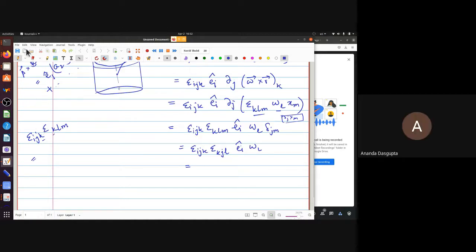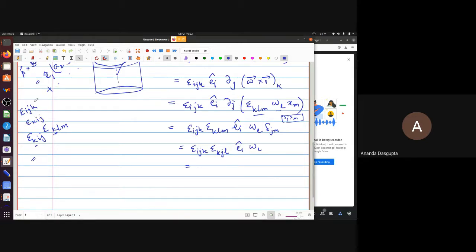Let me just help you out a bit, because I deliberately wrote it this way, but it should better be written in this way. That way you know the formula. That is, the dummy index is in the same position in both. Remember, epsilon ijk and epsilon kij are exactly the same number, right?